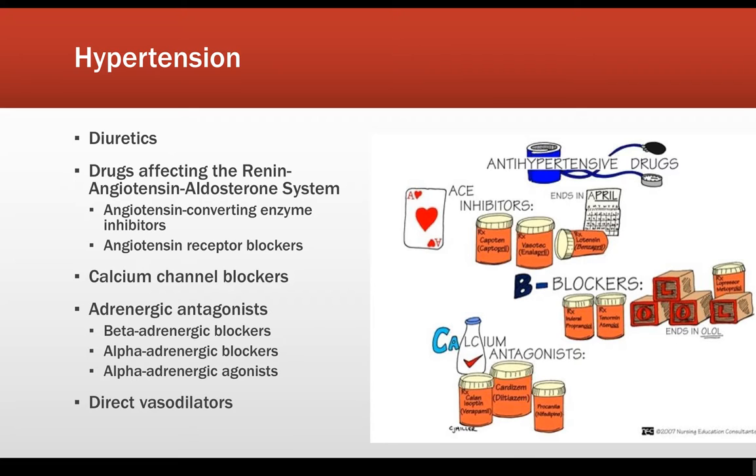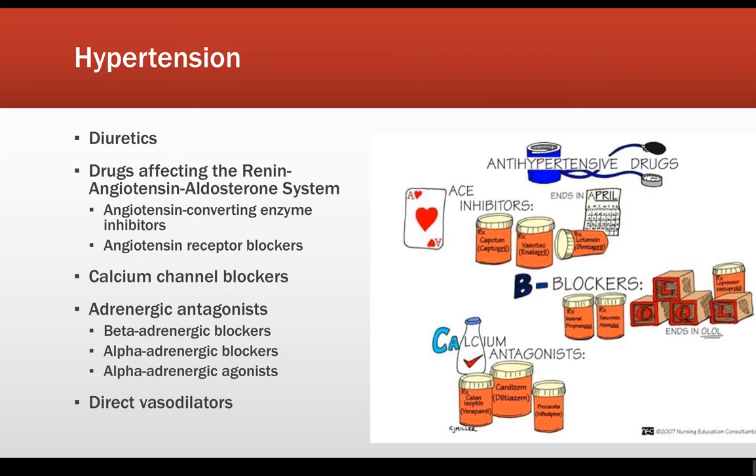And then I said the laboratory electrolyte values is also very important, specifically your potassium levels, which you want to be extremely careful on watching in case the patient is going to need a potassium supplement, so they're at risk for hypokalemia.